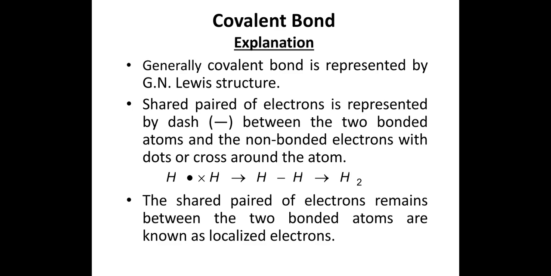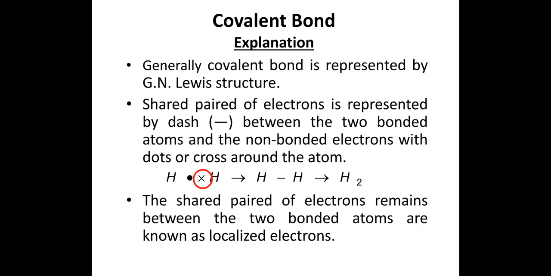Hydrogen has one electron shown by a dot, while the other hydrogen atom has one electron in its valence shell shown by a cross. Here, the point to be noted is that these valence electrons are shown either by a dot or cross, or only by dot or only by cross.